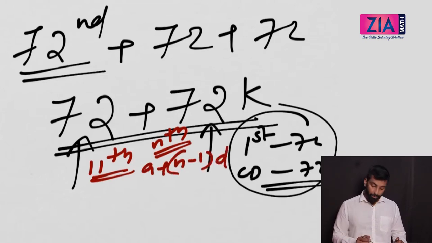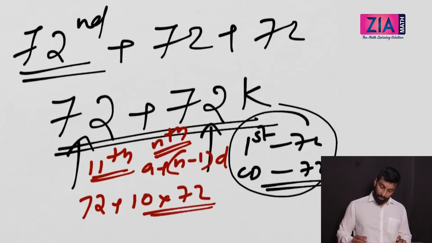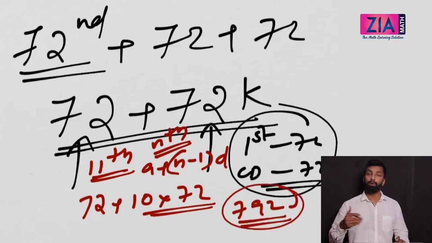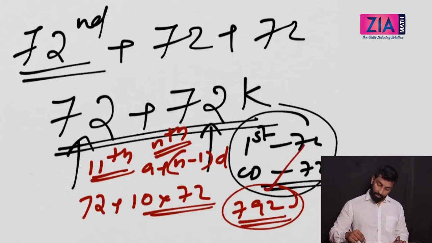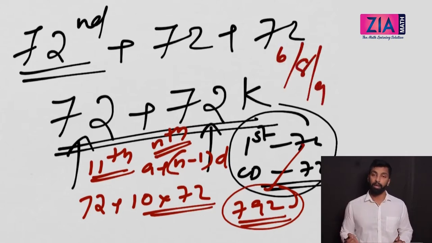Here a is 72, plus n minus 1, meaning for the 11th term, 10d, that is 10 into 72, so we get 792. So the 792nd box will be the 11th such possible box where you find all the three items mentioned, because 792 is a multiple of 6, a multiple of 8, a multiple of 9, and that is the 11th such possible number.